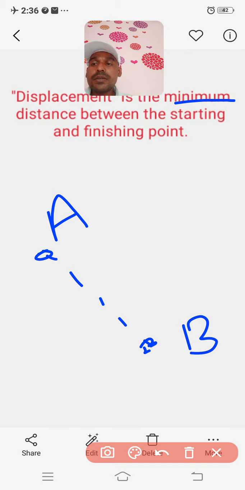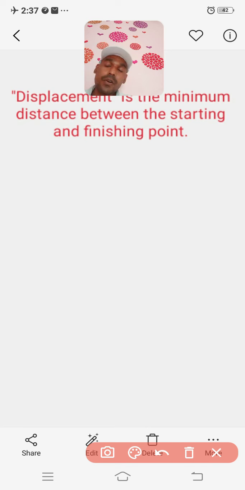I think we understand the definition of displacement. This dotted line distance is called displacement. So I tell you its quantity.